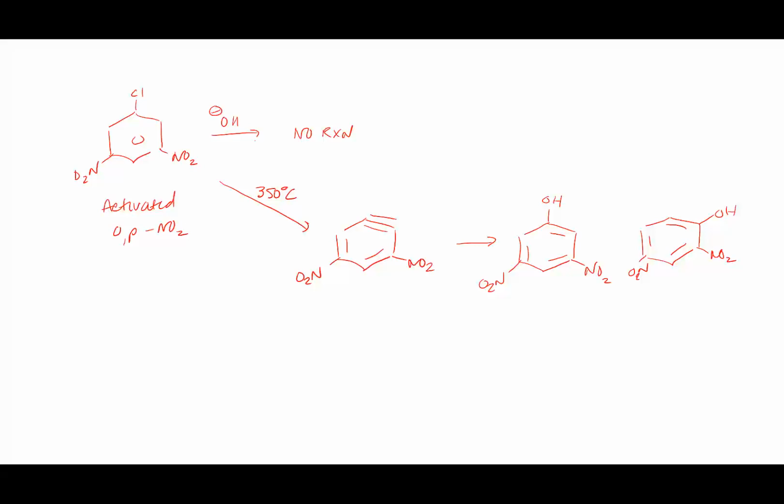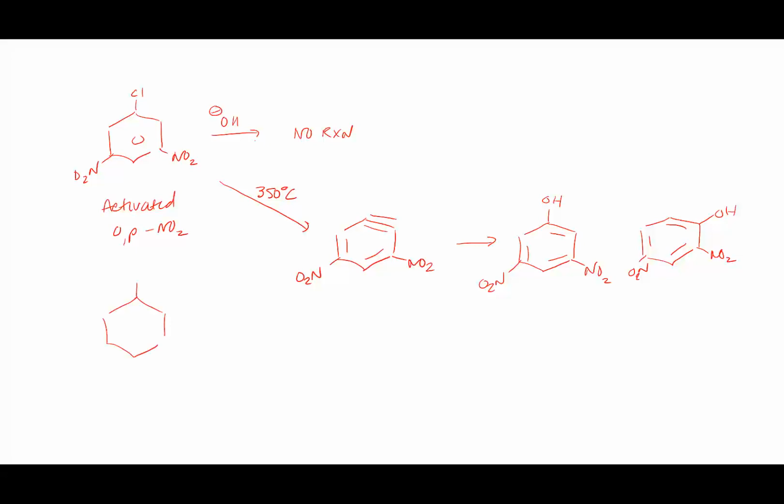Continuing with activated versus deactivated. So activated would mean that there are electron withdrawing groups at the ortho and para positions. This is nucleophilic aromatic substitution. So it's exactly the opposite.